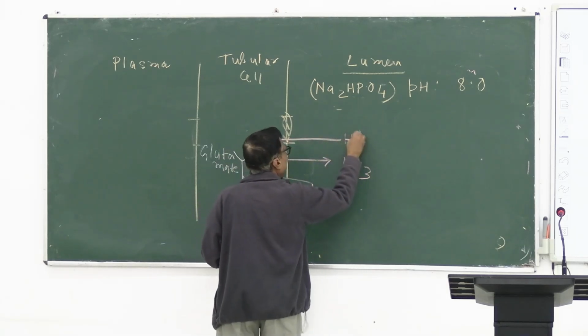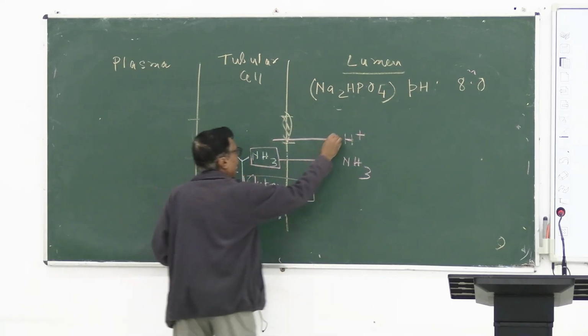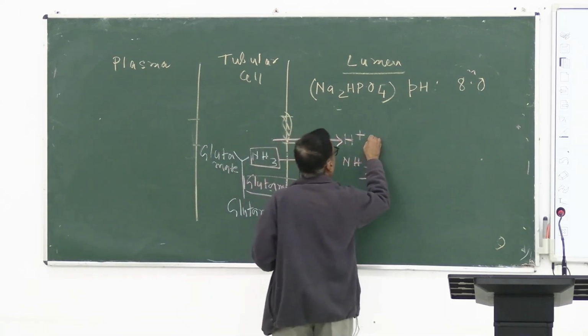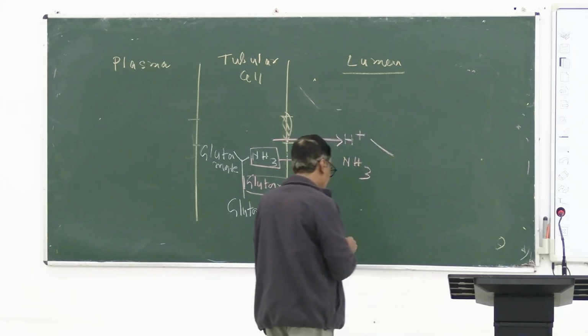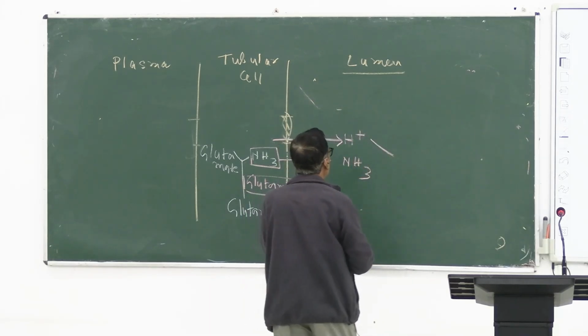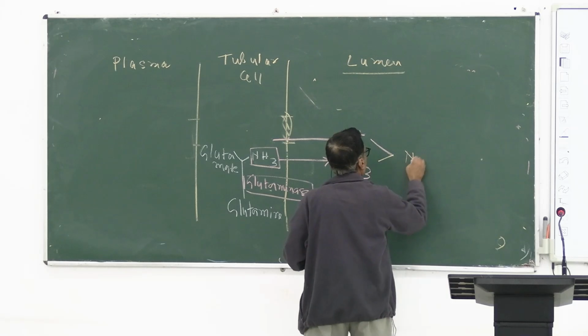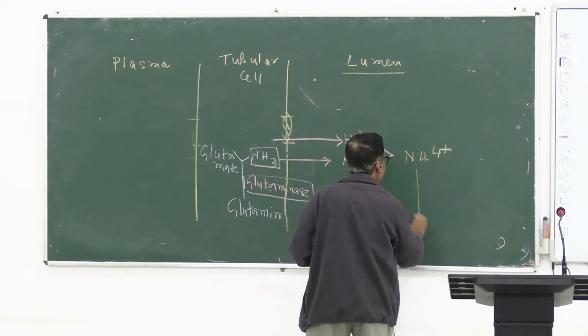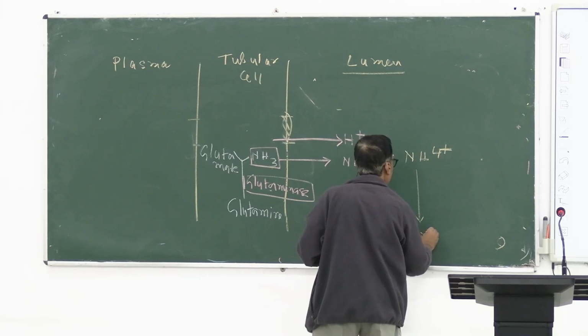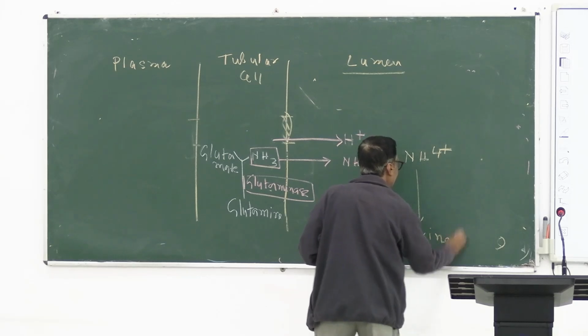This is hydrogen ion secretion. This results in the formation of ammonium, and this ammonium is excreted through urine in the form of ammonium chloride.